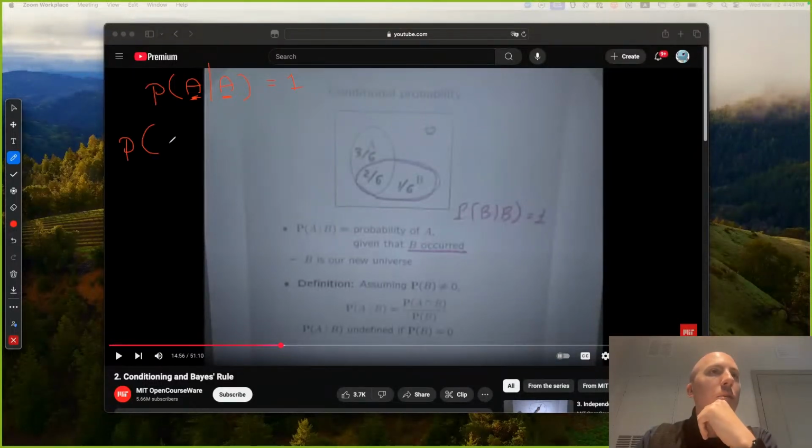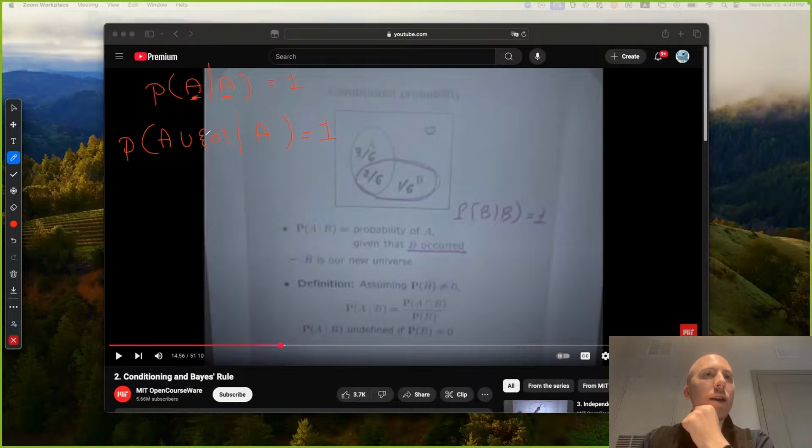If we have the probability of A unioned with just a single new element, a new outcome, given A, this should also be equal to 1.